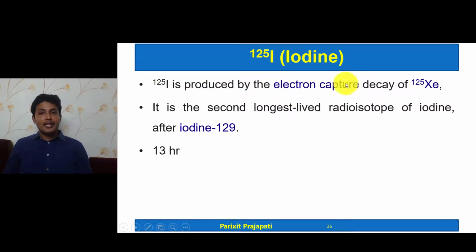It is produced by electron capture decay of xenon 125. From xenon 125, this iodine 125 is generated. How much half-life does it have? It is very short, 13 hours.